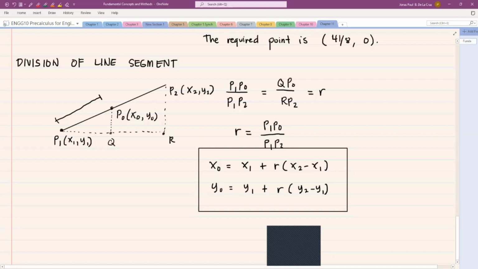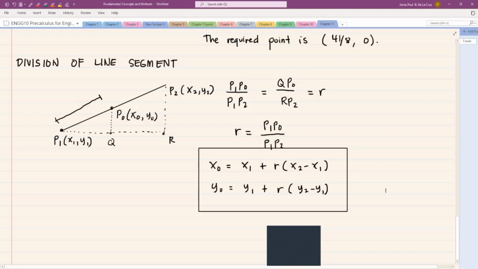Ngayon dito, nakadepende yung R. Ang kailangan natin kasi dito is the value of R. Yung value ng R nakadepende kung nasaan yung PO.